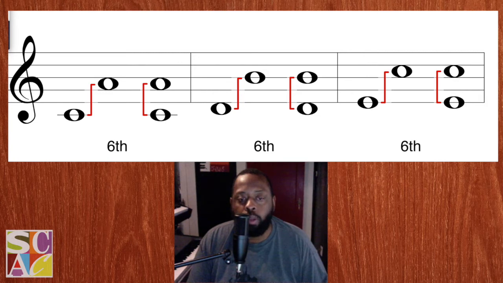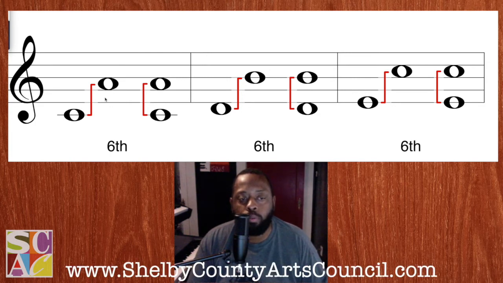Now here's what a sixth interval looks like. Notice as the notes on the top keep going up the staff, the interval gets bigger. Notice the line. We're still talking about the distance between two notes.